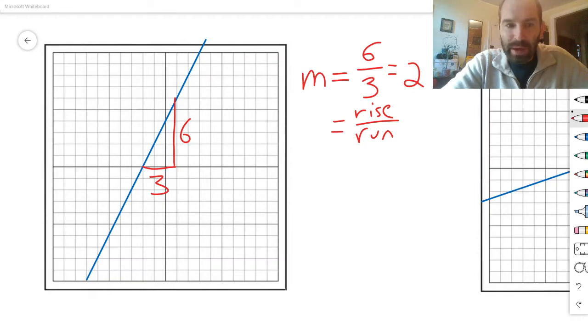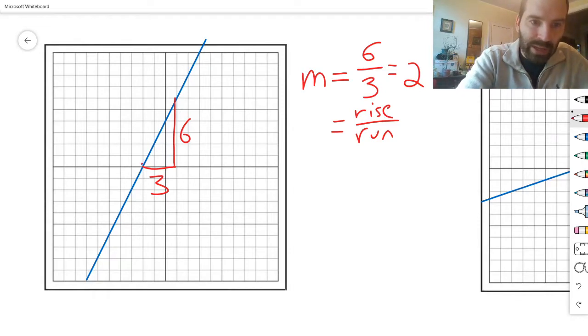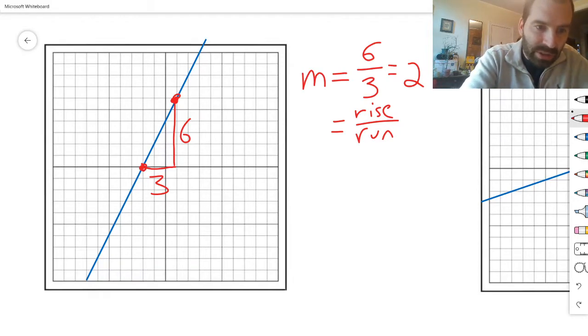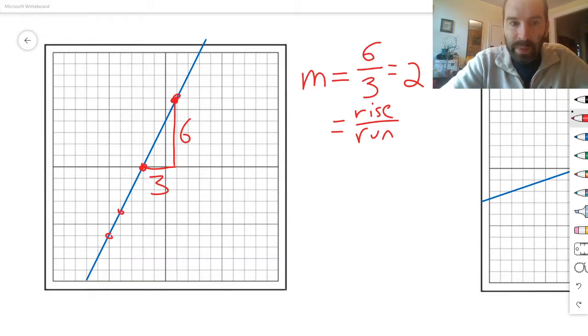What's interesting is it doesn't matter what 2 points on the line you choose. When I did it, I chose these 2 points, but I could have chosen this point here and this point here. That would also work.